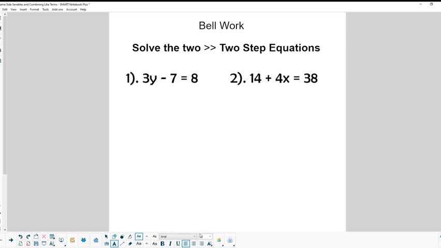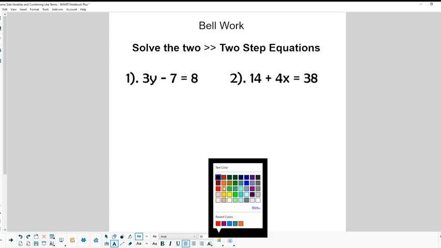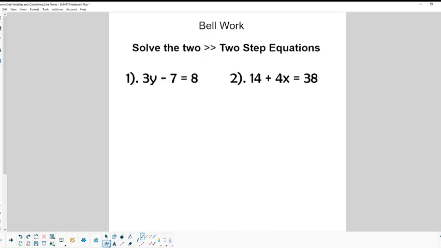So we'll grab our little pen over here and try a couple of those. So this first one, all we have to do is add 7 to both sides of the equal sign, and that would give us 3y equals 15.